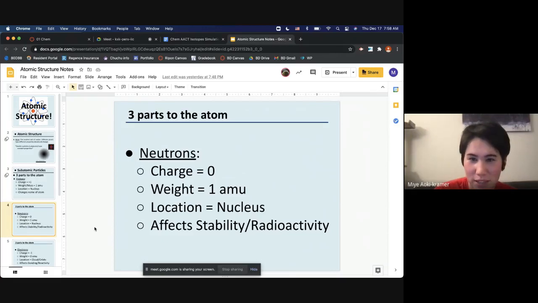We can talk about that later. But we're looking at neutrons are neutral in the nucleus, they weigh about 1 AMU, and they affect the stability or radioactivity.